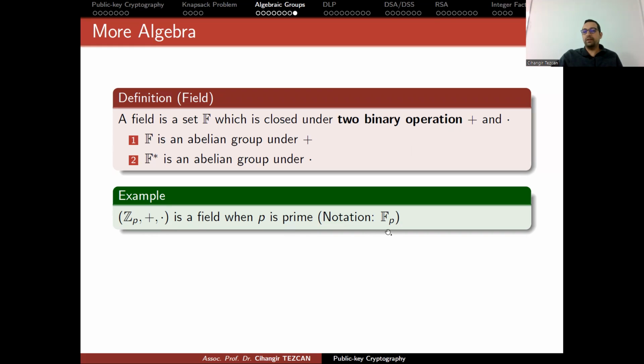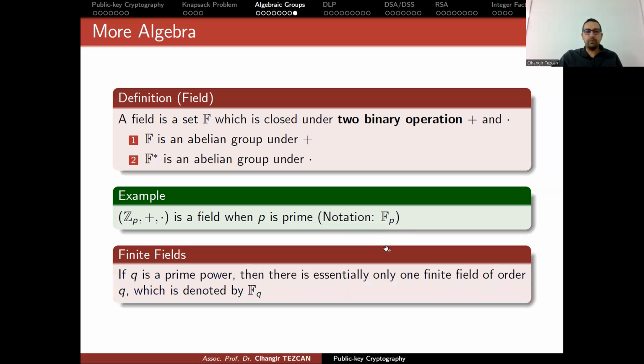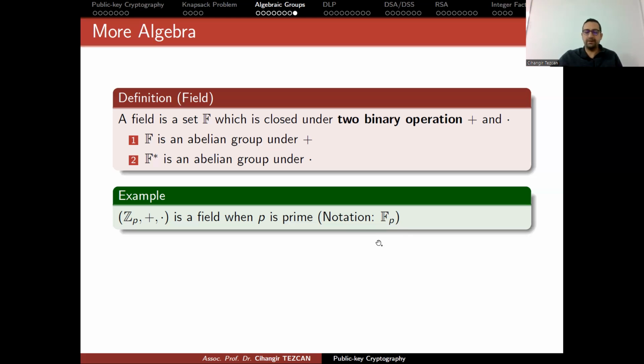Generally, we use the F notation to denote a field. Electrical engineering people prefer to call it a Galois field. These are the same thing when p is a prime number. Of course, being Galois is somewhat a different definition, but if you're interested, you can look at an algebra course. But here, know that this is the thing that we are going to work on.